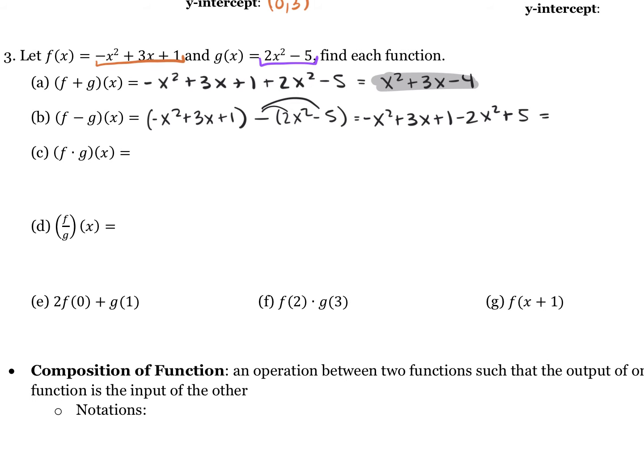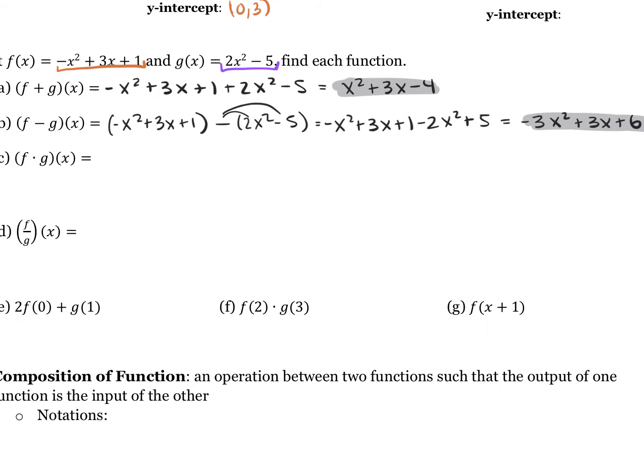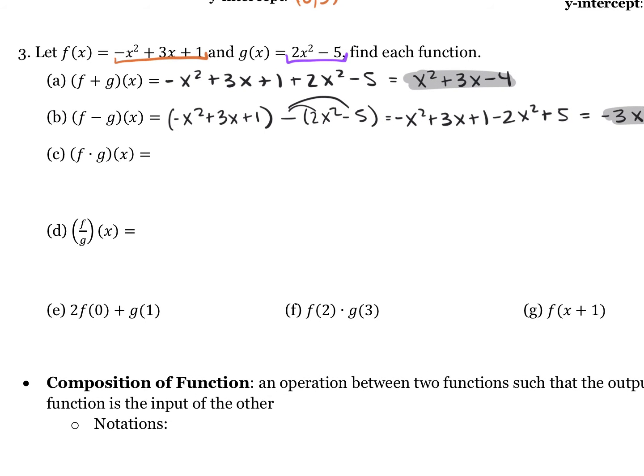And then combine like terms. Okay. When it's a dot, that means multiplication. So (negative x squared plus 3x plus 1) times (2x squared minus 5).